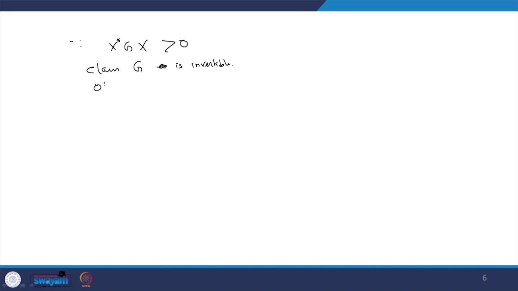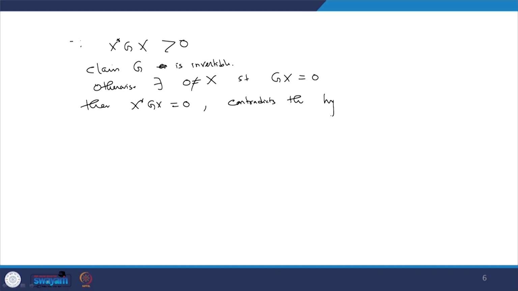Otherwise, there exists X not equal to 0 such that G X equals 0, and then X star G X is equal to 0, which contradicts the hypothesis that the inner product of alpha with alpha is strictly greater than 0 for alpha not equal to 0.